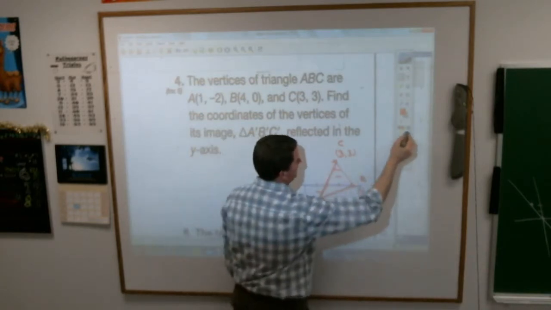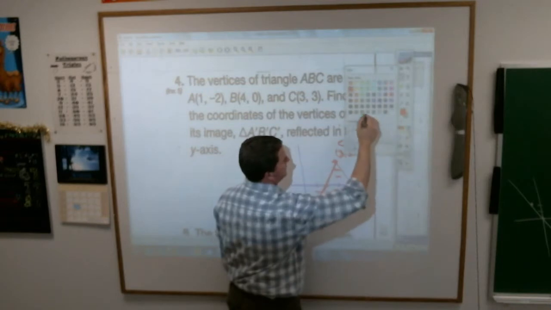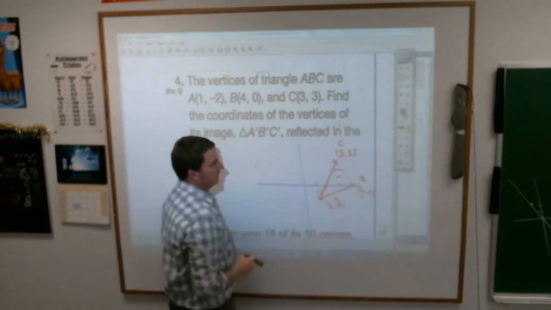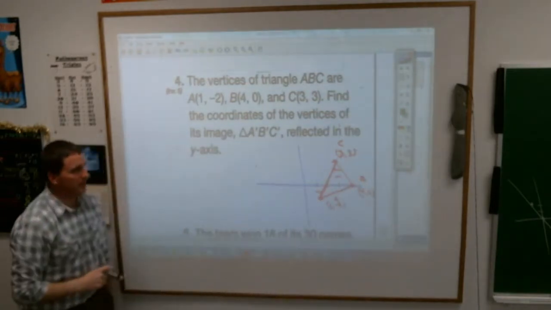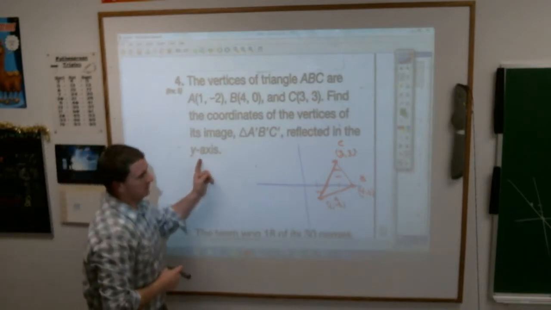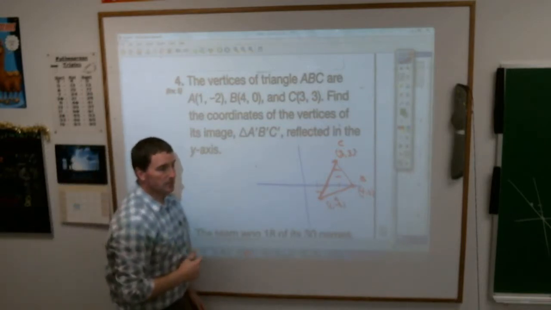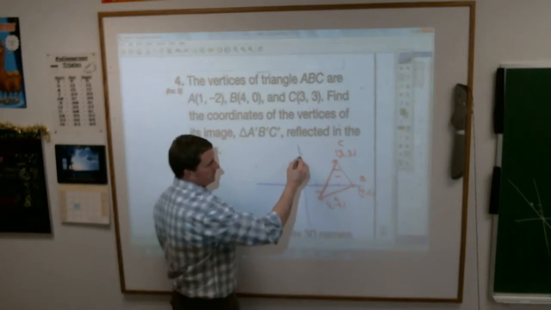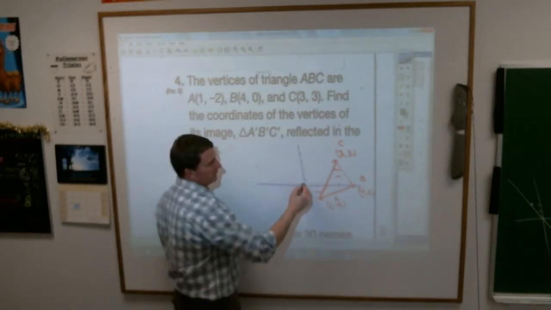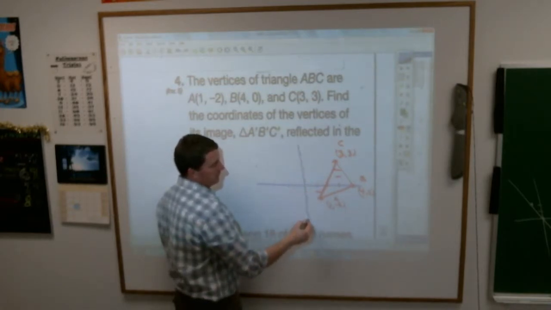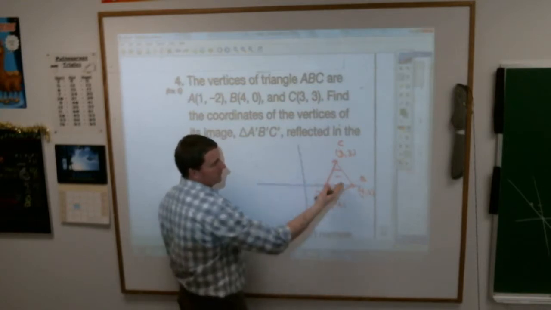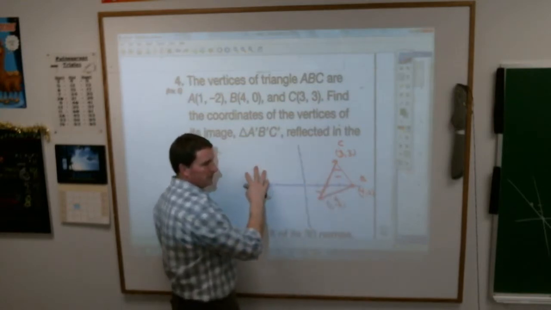Now, reflecting about axes is really pretty easy. What axis am I reflecting it about? The y-axis. Which one's the y-axis? This one right here. It's like folding a piece of paper and bending it over. What is this shape going to look like over here?